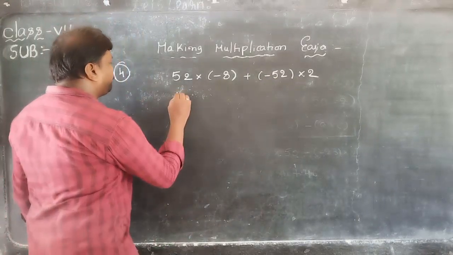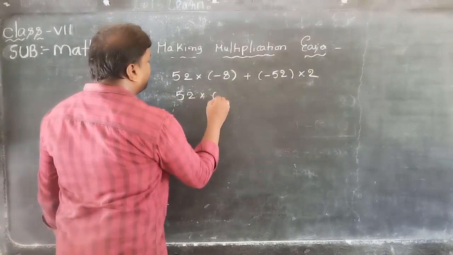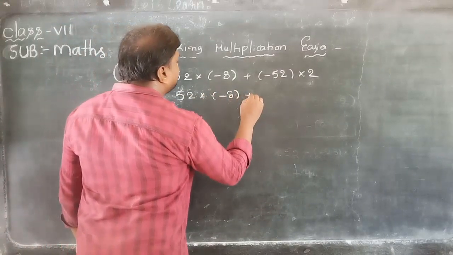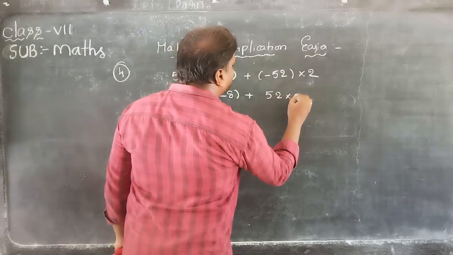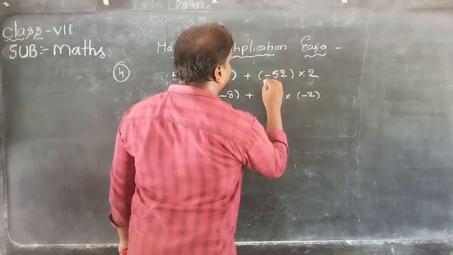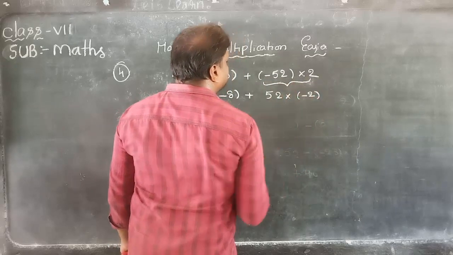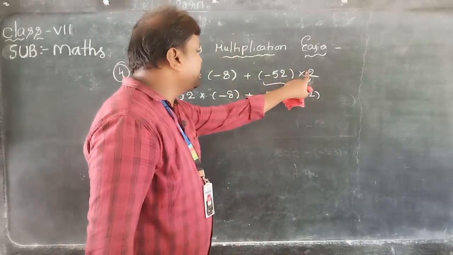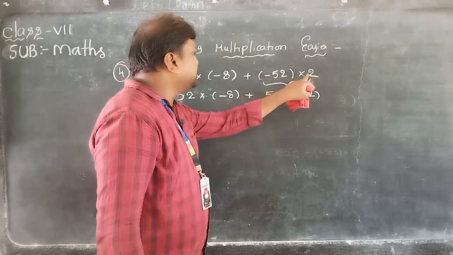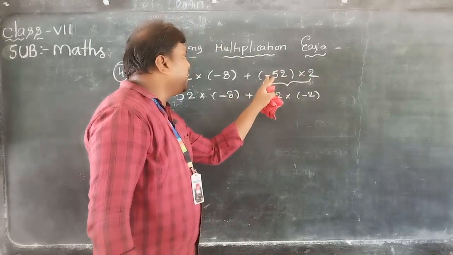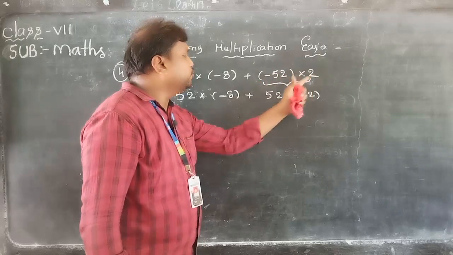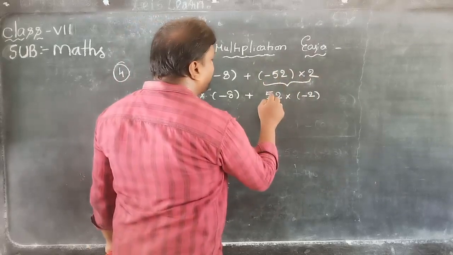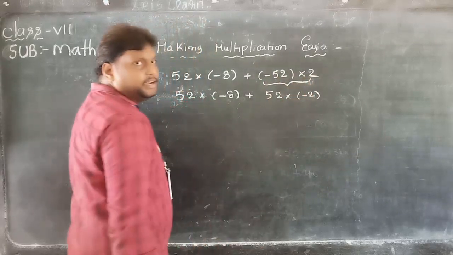First of all, 52 into minus 8. See, this one we can write as 52 into minus 2 part. Why? Because minus into plus is minus, we can write plus into minus also minus. So we just interchange the symbols of 52 and 2. Then 52 I am giving positive and 2 I am giving negative.